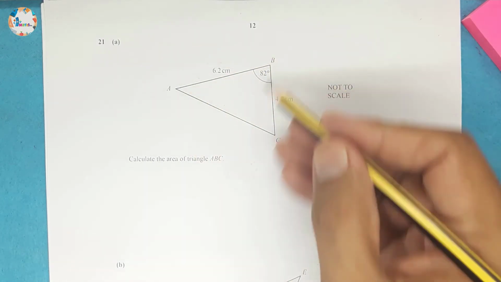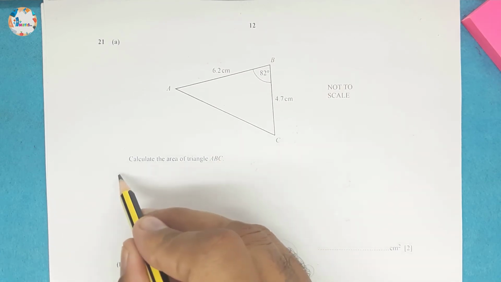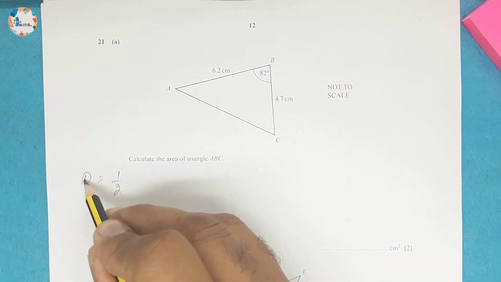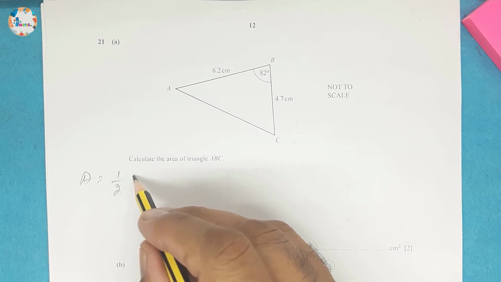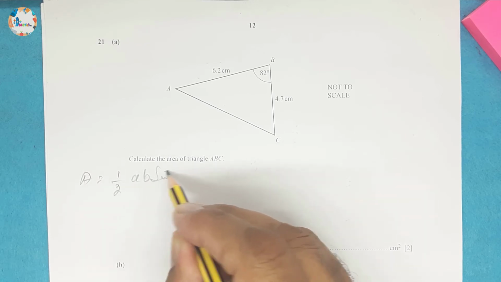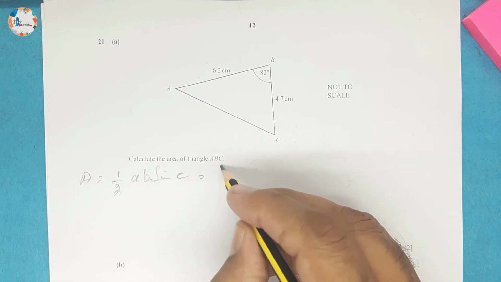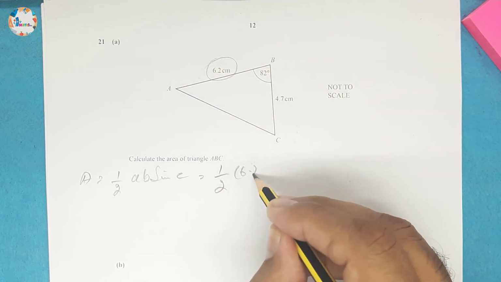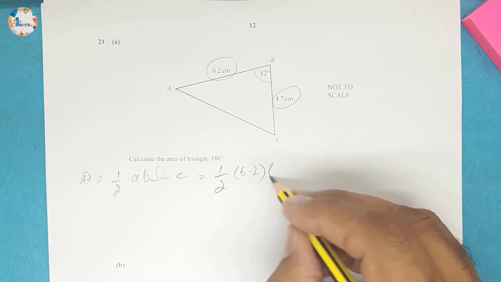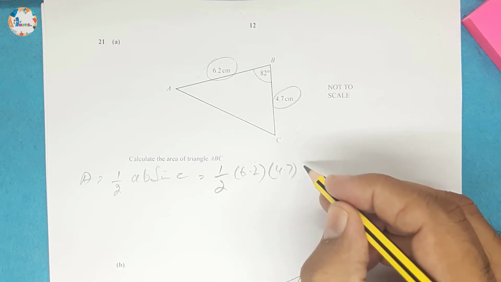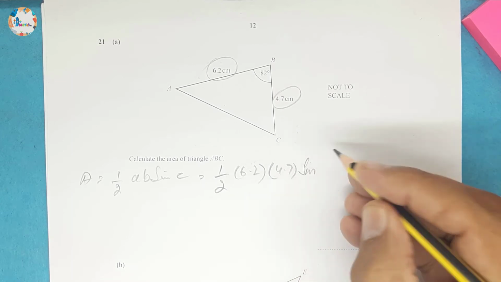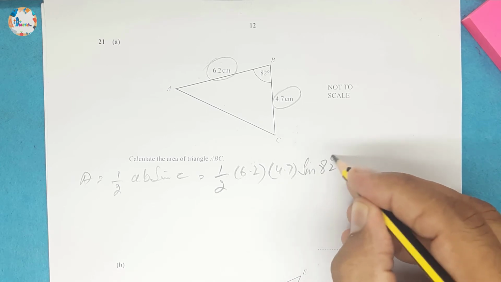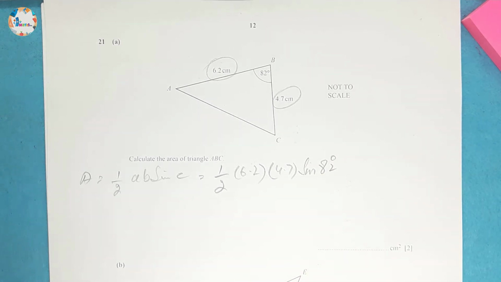So two sides are given, and the included angle is given. So the area will be equal to 1/2 into ab sine C. So this will be 1 by 2 into a, 6.2, and b, 4.7, into sine of 82 degrees, and then we can calculate this.